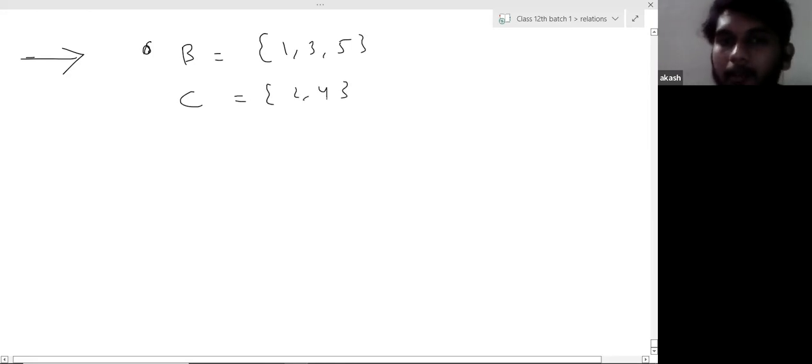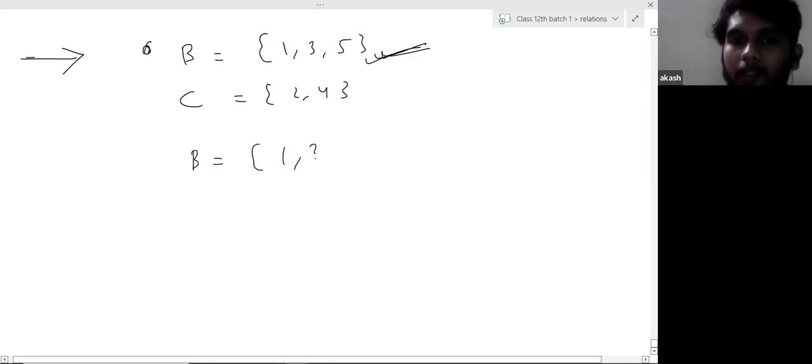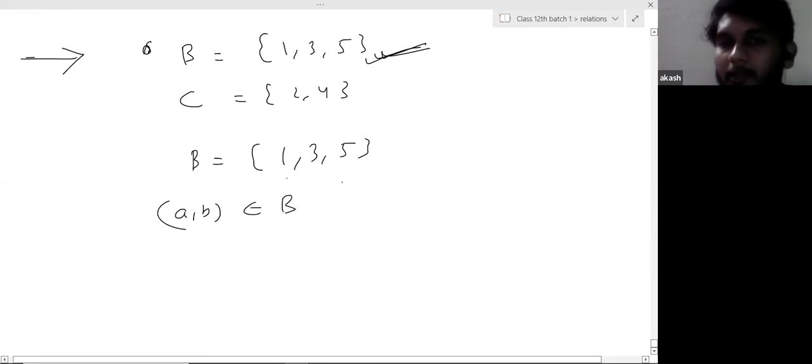They are saying show that all of the elements are related to each other in this set B. So if you take any ordered pair from this set B, let A, B belong to B, for all A, B belongs to B. Can I say that A minus B will always be even?